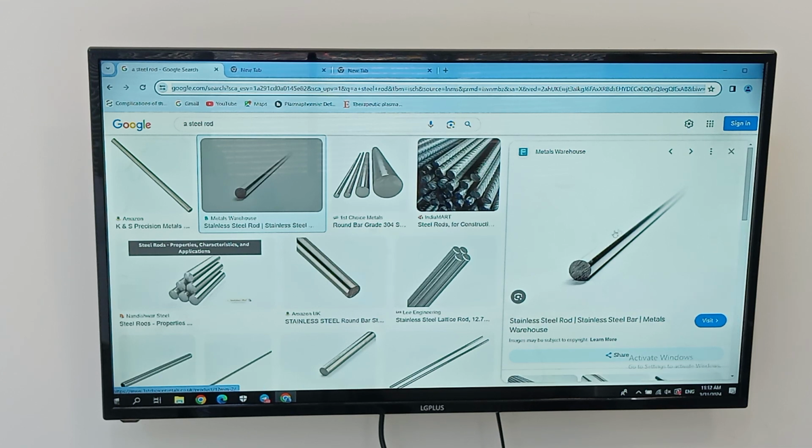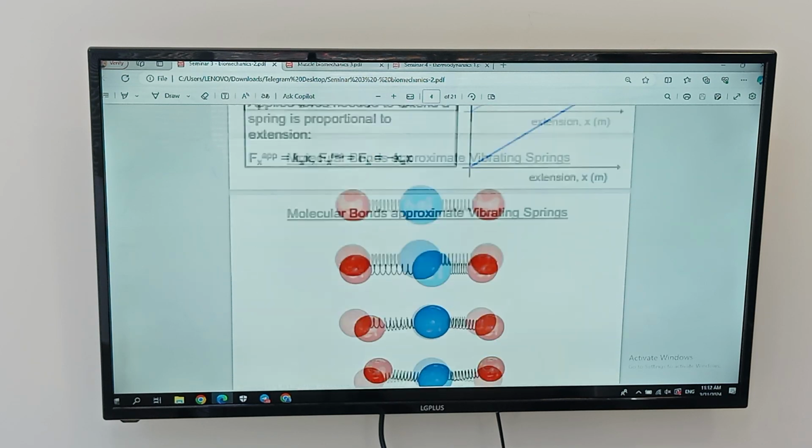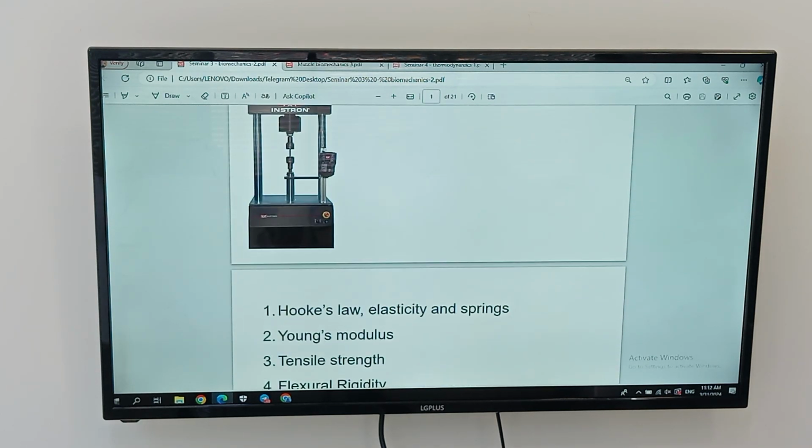It looks like a cylindrical or a stretched cylindrical shape that has the surface of a circle. It's very important to note that the surface of it is a circular form. Place the steel rod in an instrument. The instrument is this machine. This one.